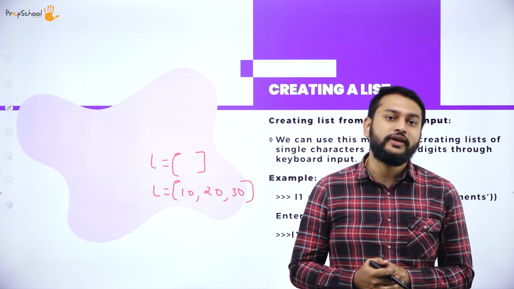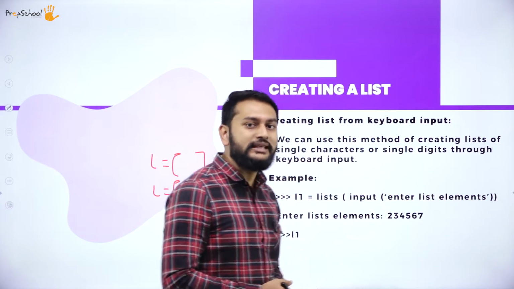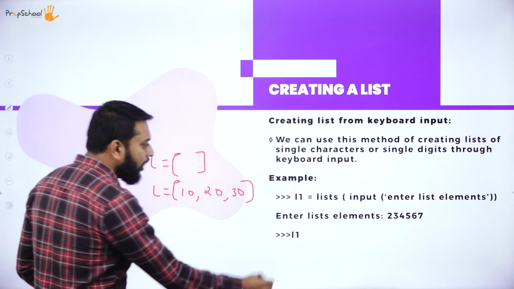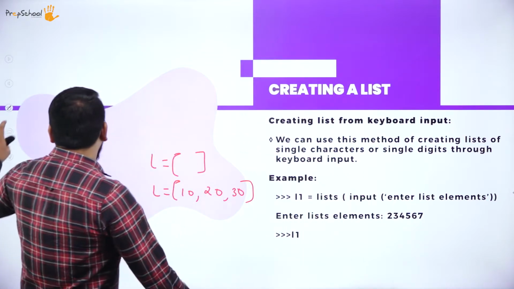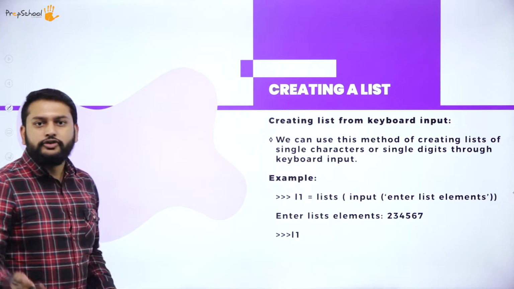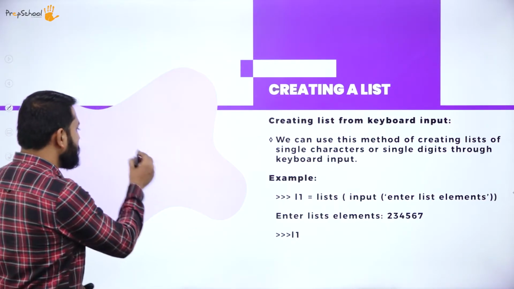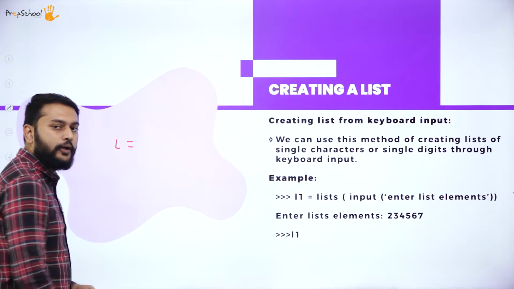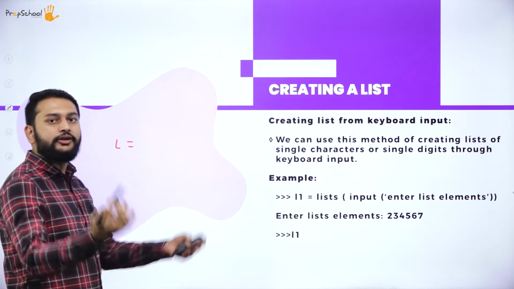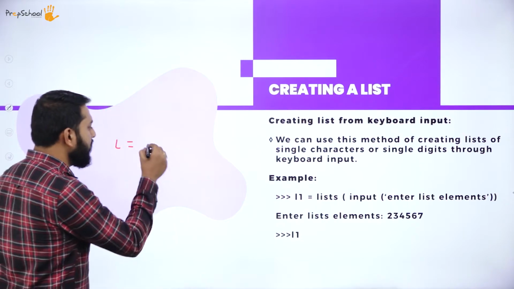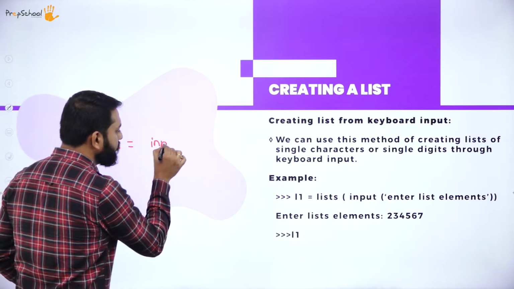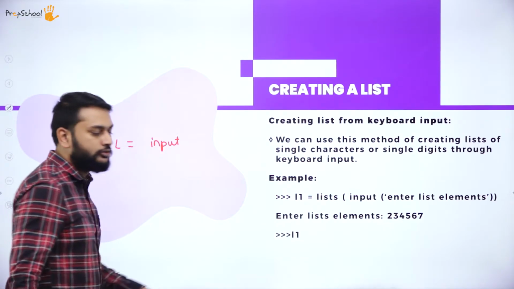So for that, we have a method. Please understand, observe here. All of you know how to read the values from the user, which we have already discussed in the previous classes, right? So let me just take a variable. How do we read the values from the user? We use the input function. So fine.